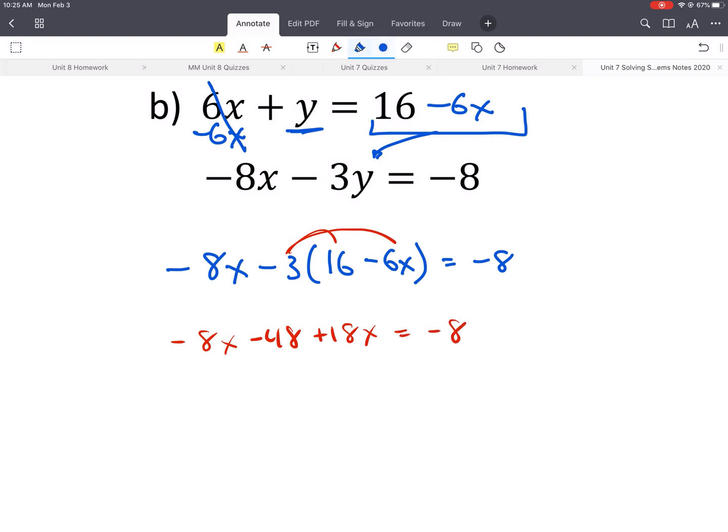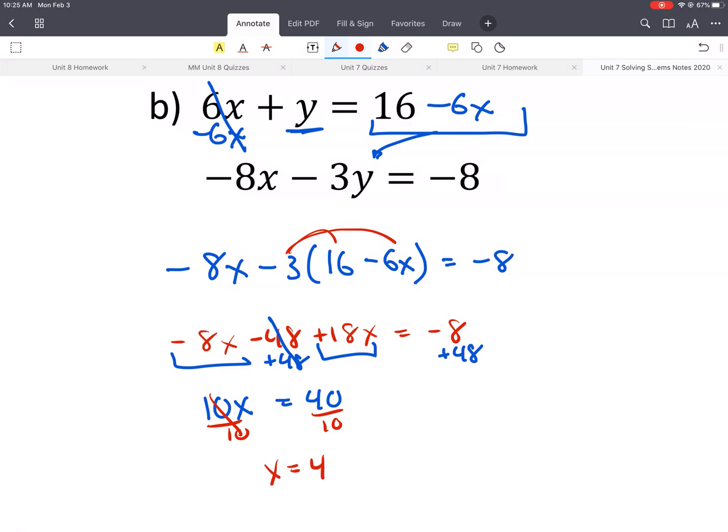So now we just want to combine like terms. Here we have some x's. It gives us 10x. And then maybe we'll add 48 to both sides. So we'll get equals 40. We'll just need to divide both sides by 10. And we'll get x is equal to 4.